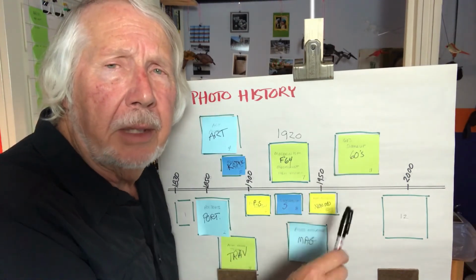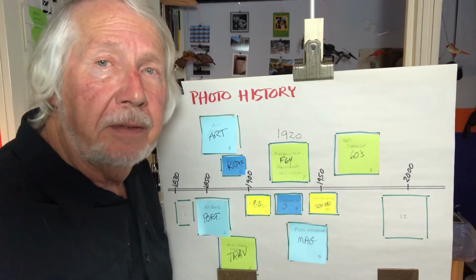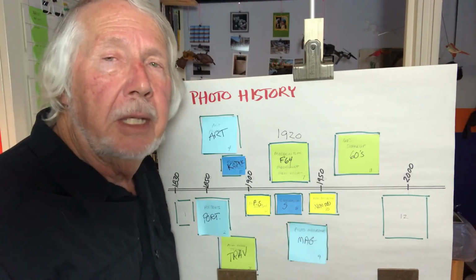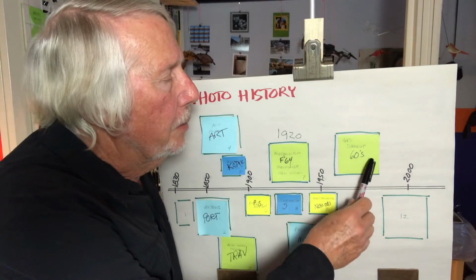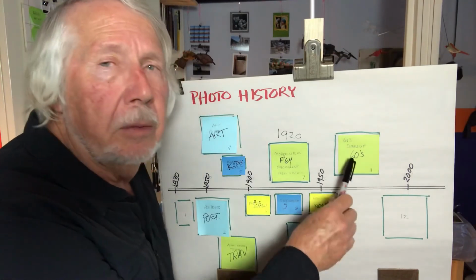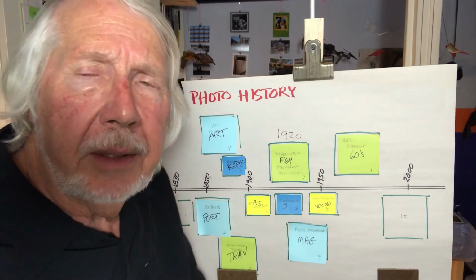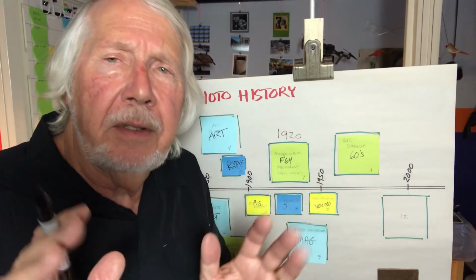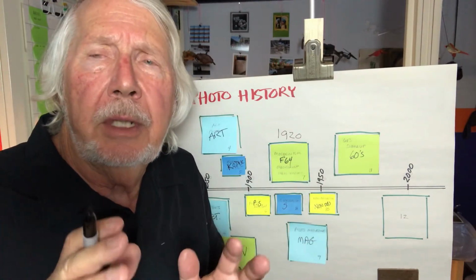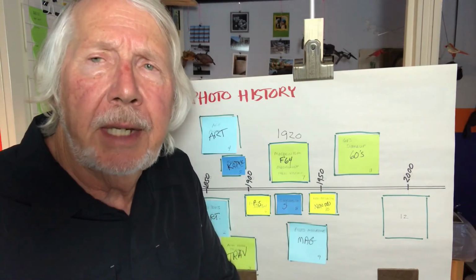He didn't know what they were going to look like until after he finished working with them. And we had Diane Arbus, and we had some other people, Robert Frank. They were doing things that were so different from the traditional F-64 aesthetic.